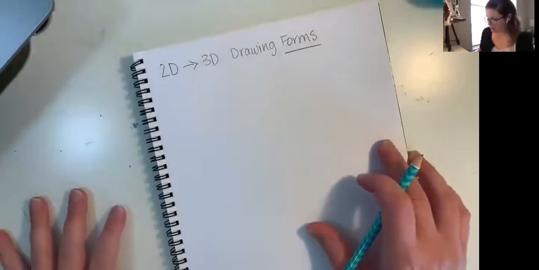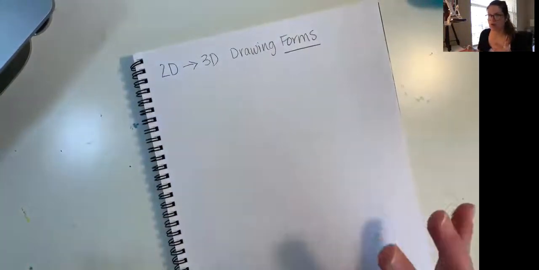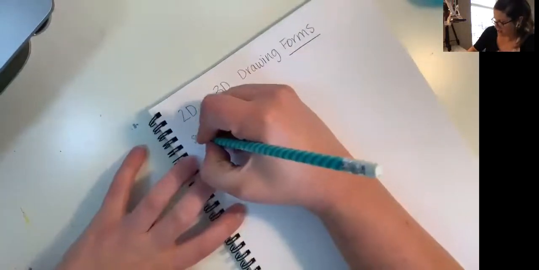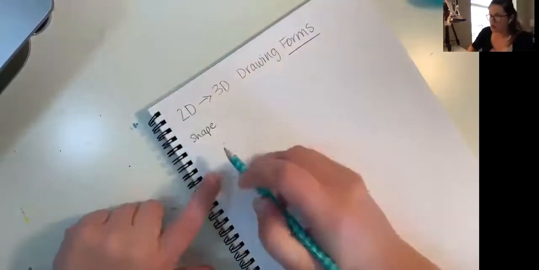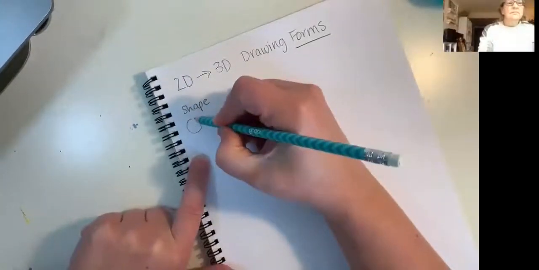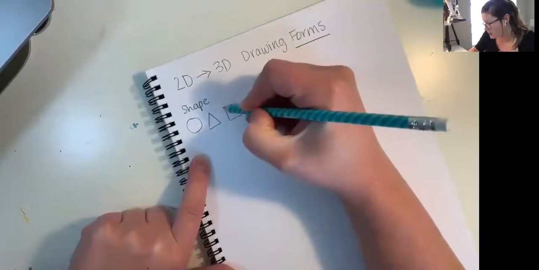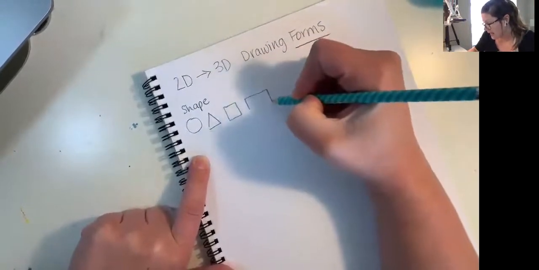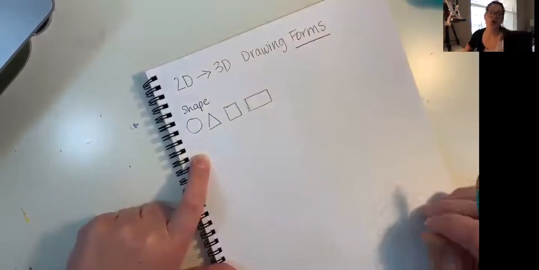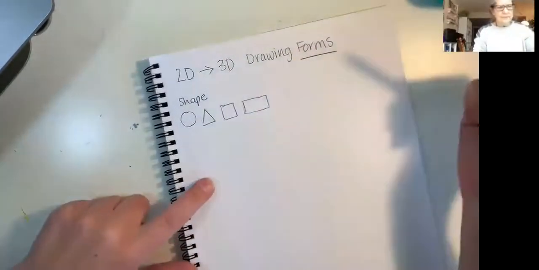So thinking about shape, let's just draw some basic shapes. When we're thinking about shape, I'm talking about things like circles, triangles, squares, rectangles, those types of things. Okay, those are shapes.